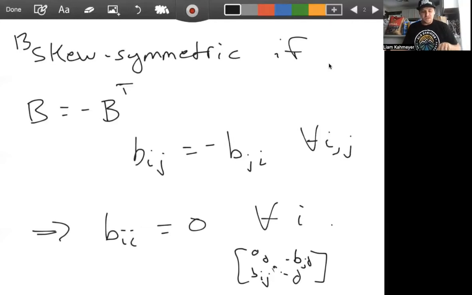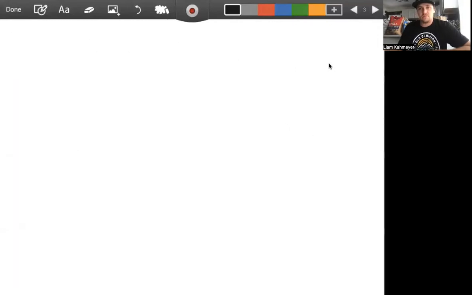Cool. So now that we've recalled the definitions, let's understand what we can interpret using eigenvalues and eigenvectors in the context of symmetric matrices. So here's a theorem.